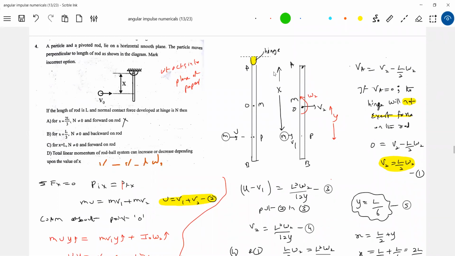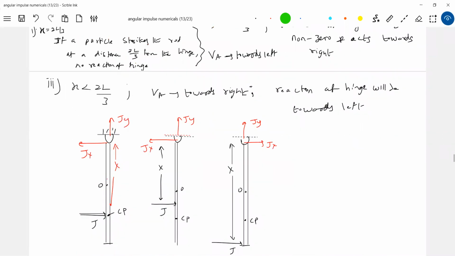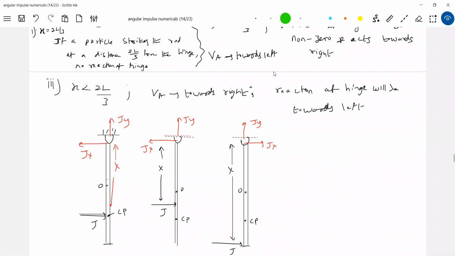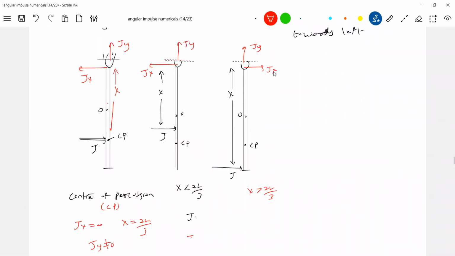We are not bothered about the impulse along the rod. In all the cases, Jy will be non-zero, and I'll put a strict condition: Jx will be non-zero, except here, where Jx is 0.